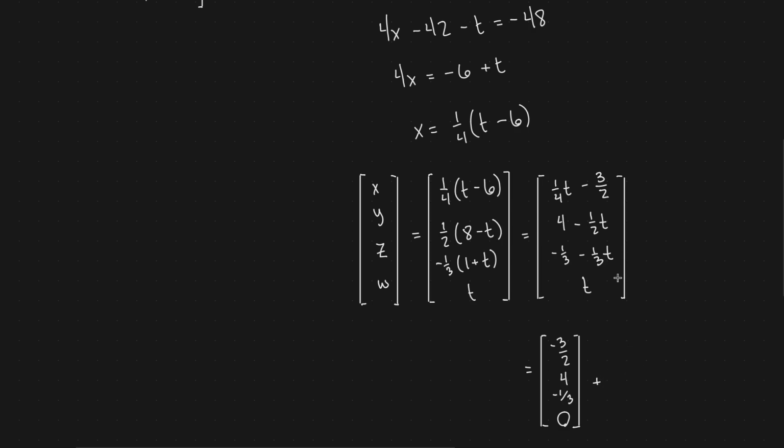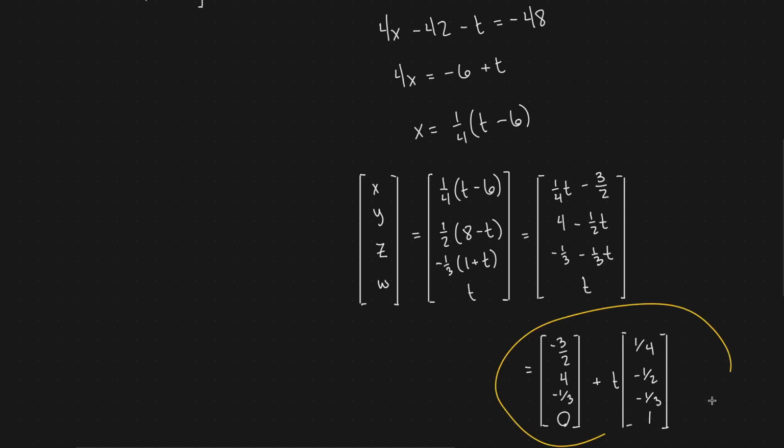Plus, and now the coefficients of t, plus t times 1/4 there. Here the coefficient of t is negative 1/2. Here the coefficient of t is negative 1/3. Here the coefficient of t is 1.